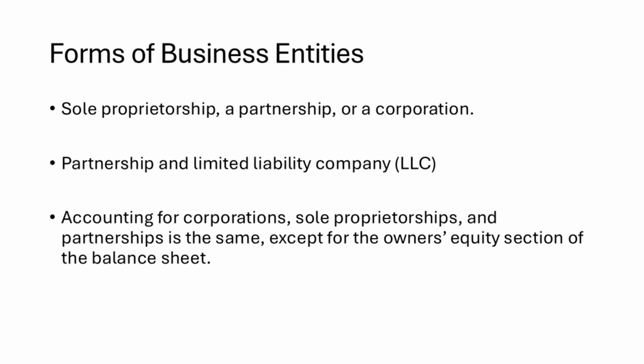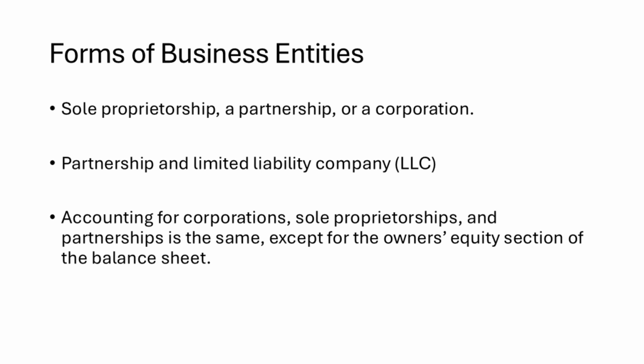A business entity may be a sole proprietorship, a partnership, or a corporation. A sole proprietorship, a business owned by one person, is not a legal entity separate from its owner, but the accountant treats the business as a separate accounting entity. The profit or loss of the proprietorship goes on the income tax return of the owner.